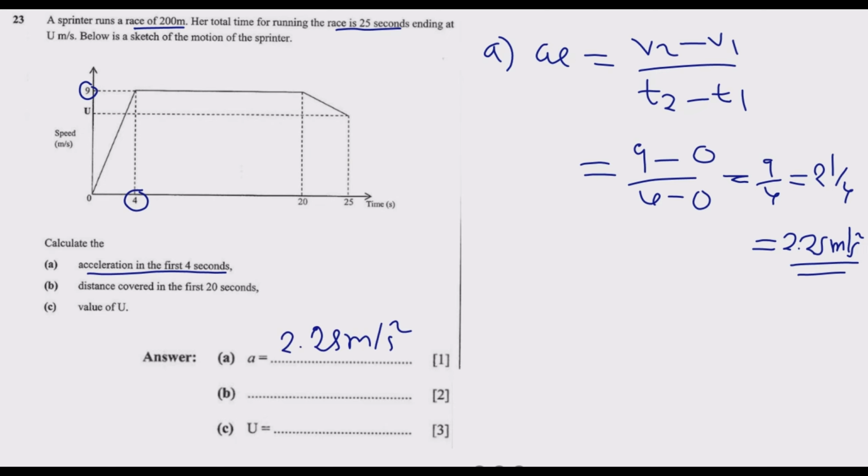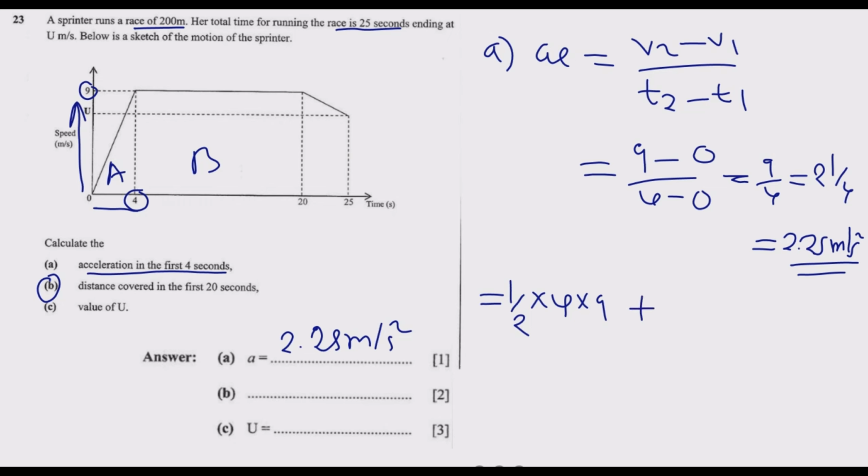Alright, then B, distance covered in the first 20 seconds. So distance is the area under the curve, so A plus B. We can find area A to be half, because it's a triangle, multiplied by 4 minus 0, which is 4, then by 9 minus 0, which is 9.